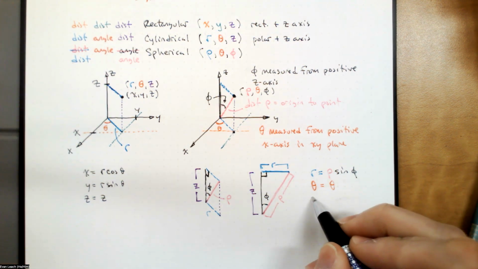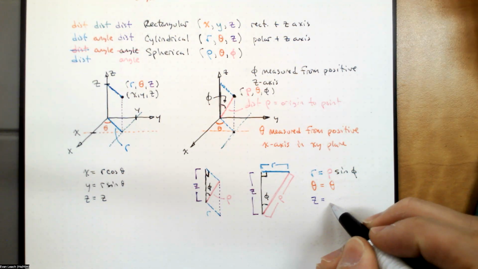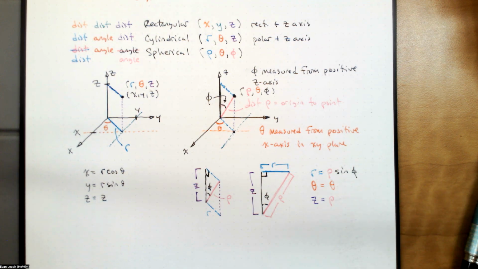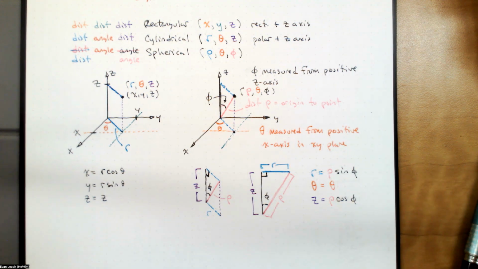Z in cylindrical coordinates is going to be rho times the cosine of phi. Now that we have this relationship established, we can say X is rho sine phi cosine theta, and Y is rho sine phi sine theta.